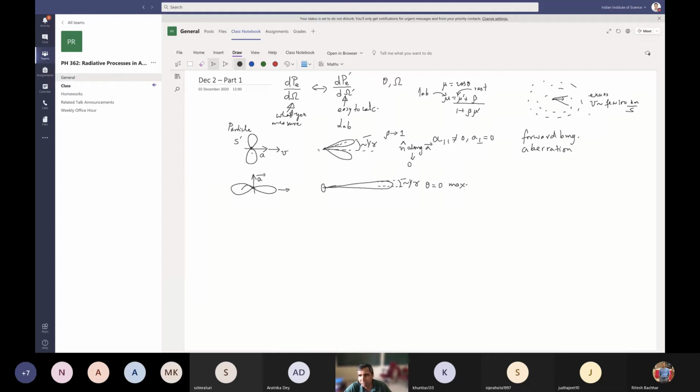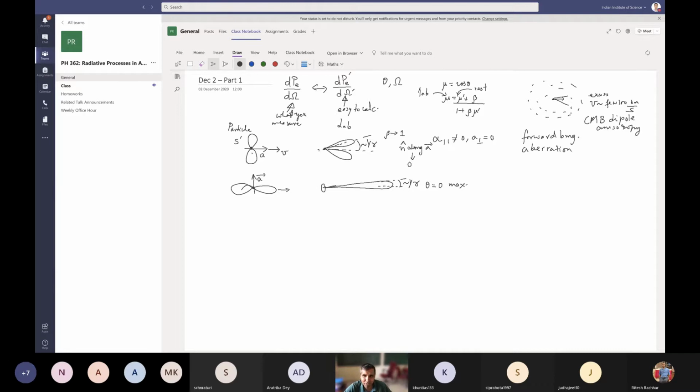Similarly, the CMB has this dipole anisotropy, that the CMB temperature is higher towards the direction of motion of the Earth, right?